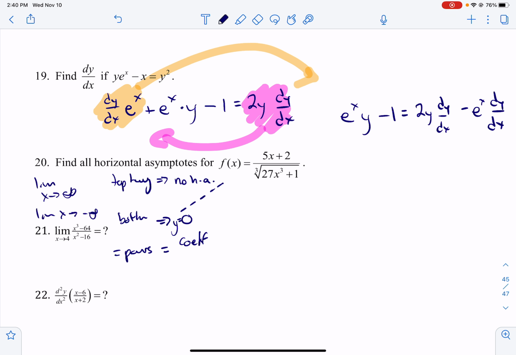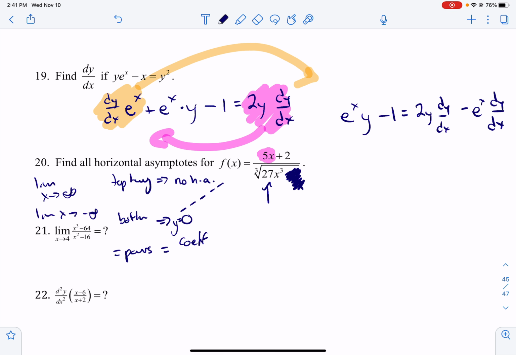When I look at this function, the first thing I notice is that on top, all I have is a 5x. And you might be tempted to say that the bottom is bigger because it's bottom heavy. But look at this part right here. I'm taking the cube root of 27x cubed, and I know I have a plus 1, but as I go to infinity, that doesn't matter.